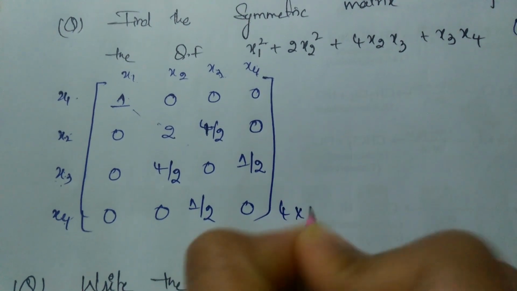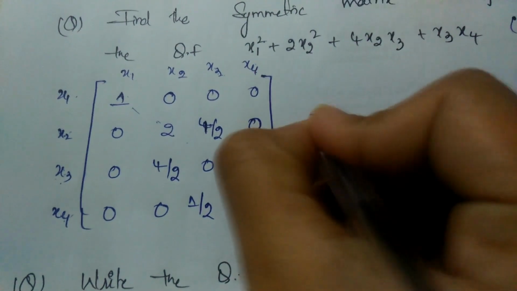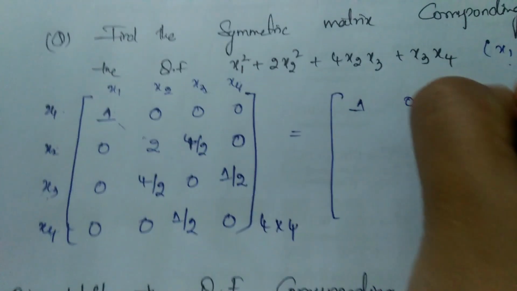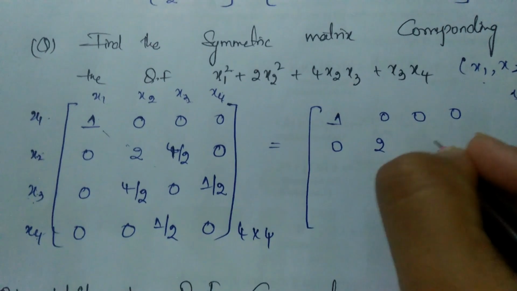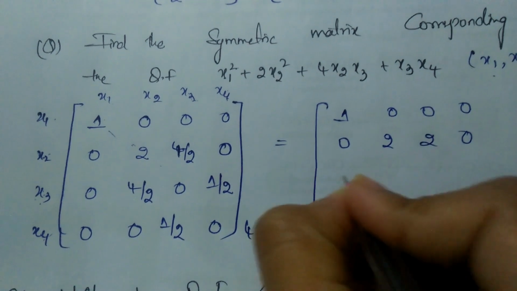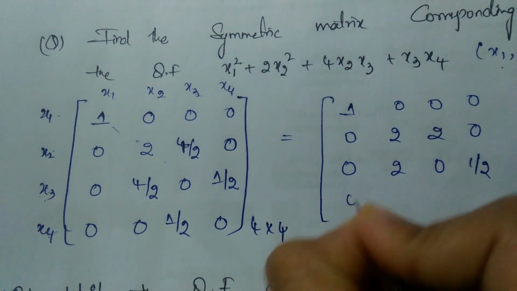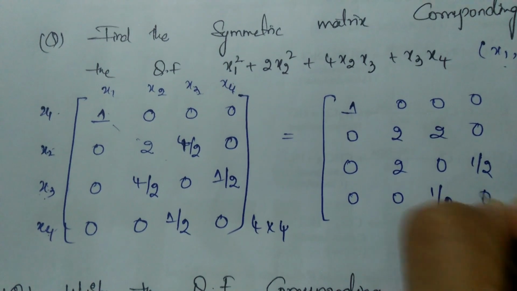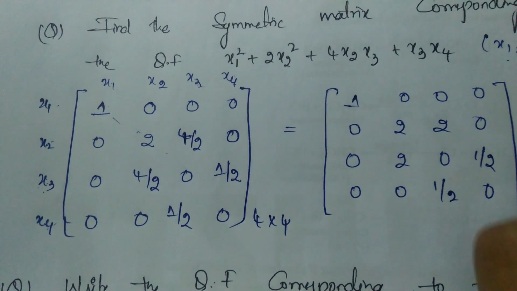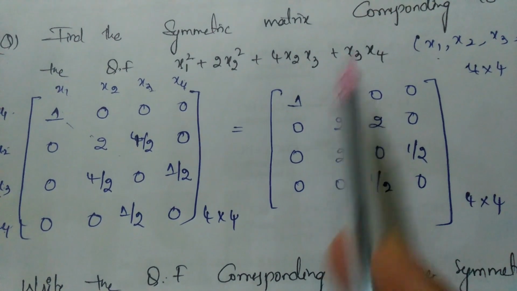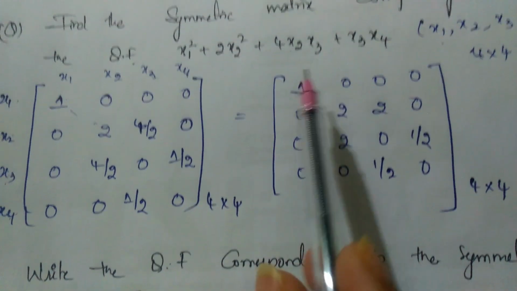So this is a 4 by 4 matrix. Overall, if you write it: 1 0 0 0, 0 2 2 0, 0 2 0 1 by 2, 0 0 1 by 2 0. This is our final symmetric matrix corresponding to this quadratic form.